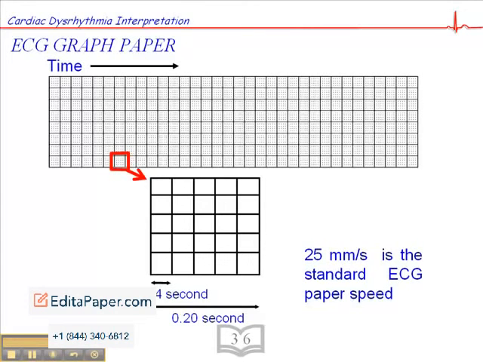Newborns typically have a very fast heart rate, and when the heart rate is very fast, the QRS, T waves, and P waves all become scrunched together, and it may be difficult to clearly see the P waves. So if you adjust the paper speed to 50 millimeters per second, it has the effect of basically cutting the heart rate in half, so it spreads everything out, and you can see the P waves, QRS complexes, and T waves more clearly. Most transport monitors don't have that option, but I thought I would just mention that out of interest.